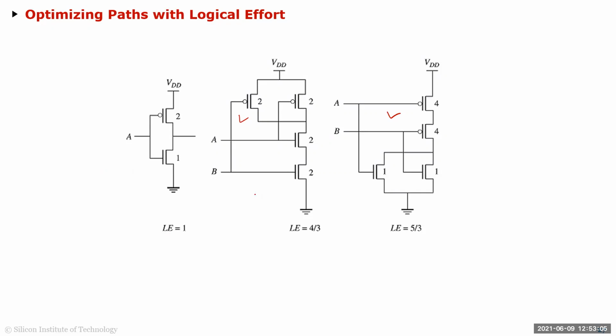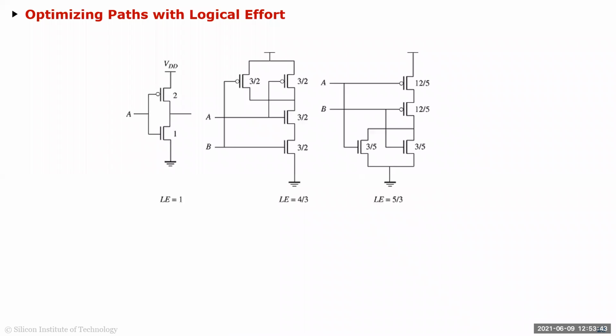For the NAND gate, the CG is 2 plus 2 times W times CG, and the inverter is 2 times 1 plus W times CG. If I take the ratio of these two, it's 4/3. Same thing here: 4 plus 1 times CG times W, and the ratio is 5/3.